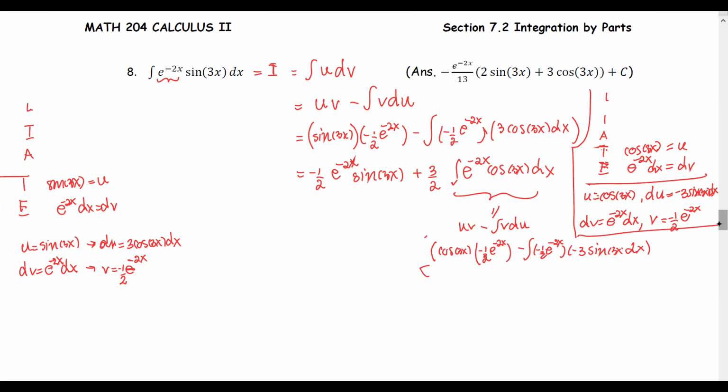And the whole quantity here is multiplied by 3 over 2 as the coefficient of the integration, plus negative 1 over 2 e to the negative 2x sine of 3x.